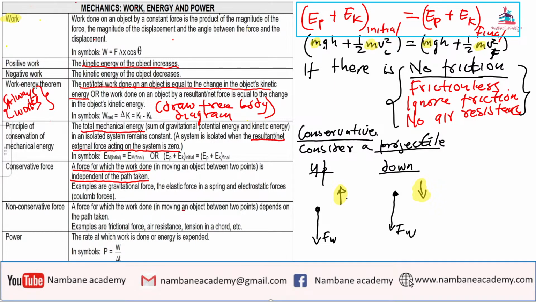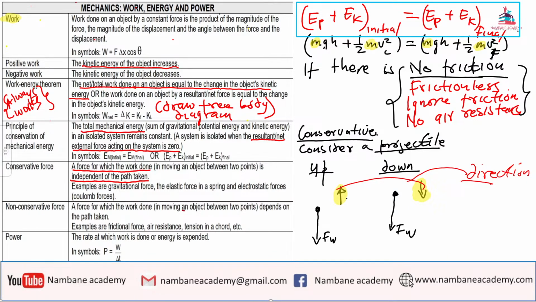If this is the direction of the object, why is Fw not changing? Because Fw is what we call a conservative force. A conservative force is basically a force for which the work done is independent of the path taken.